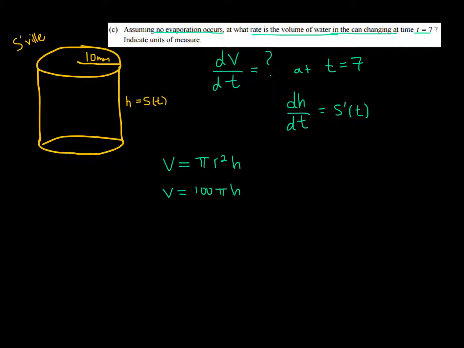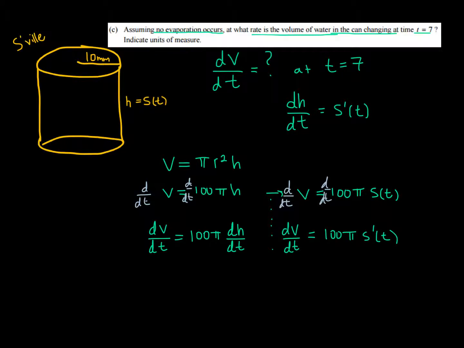I could at this point make the substitution of S of t for h. So my volume is equal to 100 pi times S of t. And at this point, I can differentiate. And so I'll differentiate both, and we'll see what that looks like. All right, so let's start with the left here. I differentiate with respect to time.